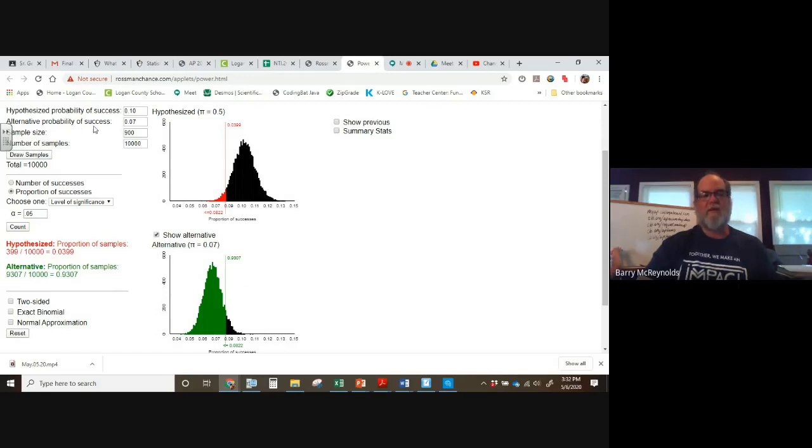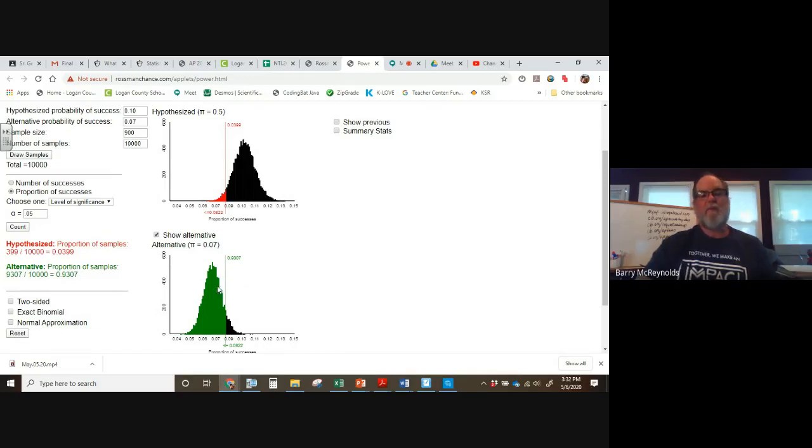However, if the alternative was greater than 0.1, then this graph would be flipped over. The type 1 error is going to be over here, and the type 2 error is going to be on the left. You have to know what your alternatives are before you anticipate or interpret this graph.